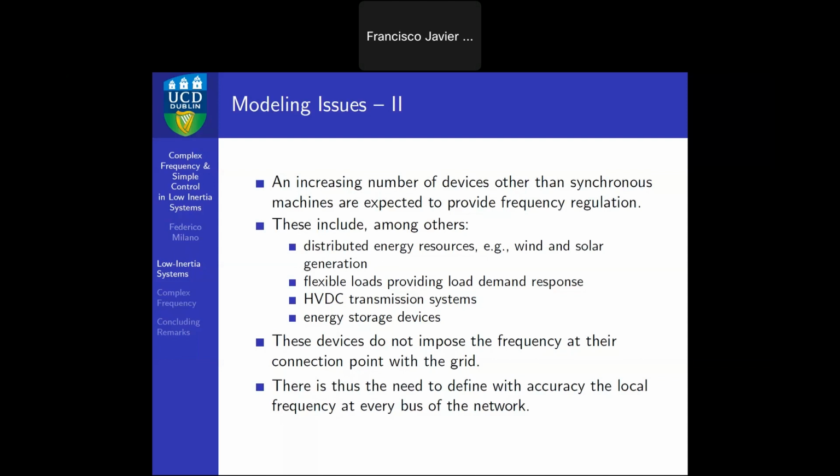But when you have active devices that do control, whenever you have a control, you have a device that is varying the frequency at the bus where it is connected. The only device that doesn't impact the frequency is an impedance, which is the only totally passive device. Any other, even if only in minimal part, will impact the frequency, because it does not respond passively to the variation of the grid.